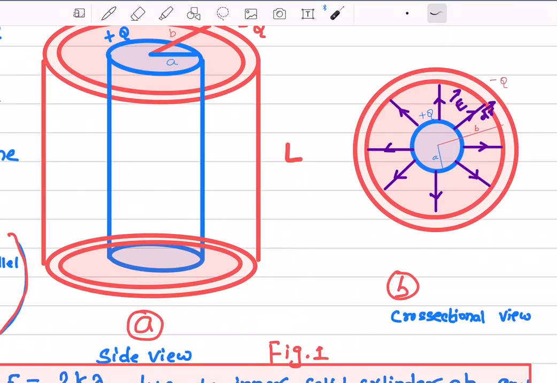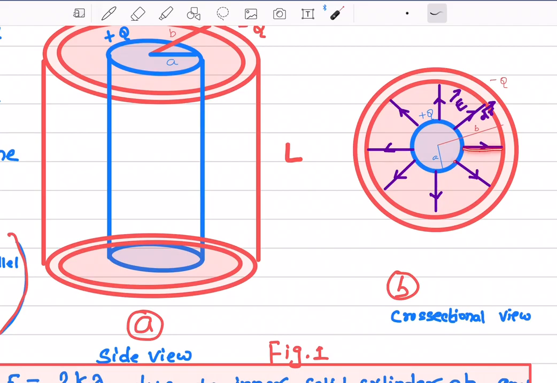As the inner cylinder has positive charge and the outer cylinder has negative charge, the electric field will start from the positive charge and terminate on the negative charge. That means the electric field is from positive to negative, and the electric field is always perpendicular to the starting surface and also ends perpendicular onto the outer surface.